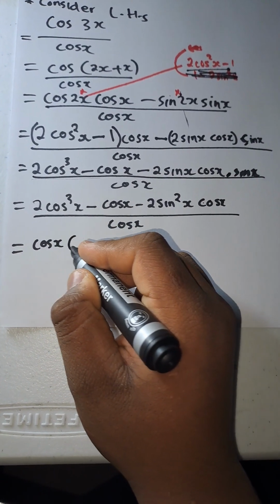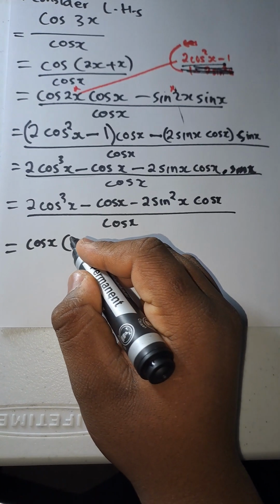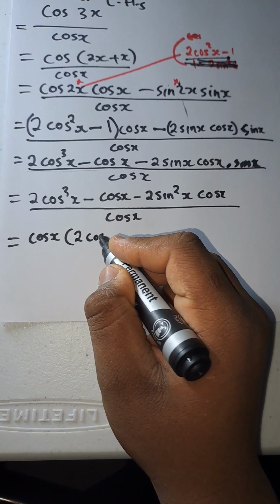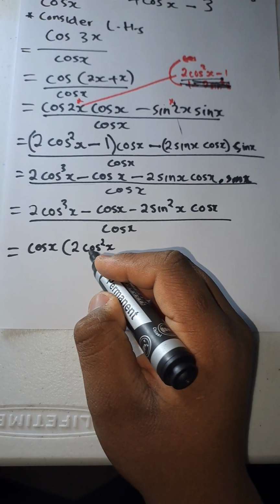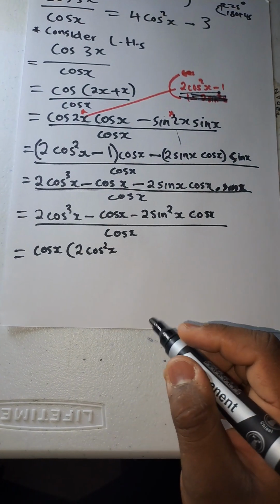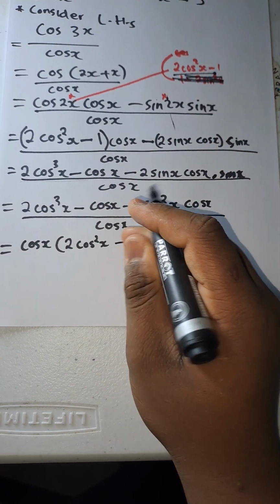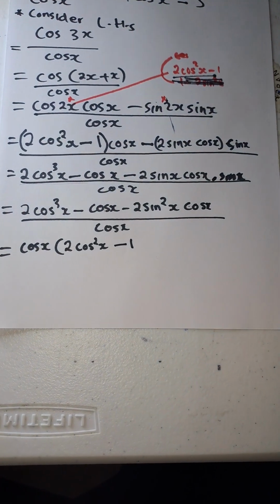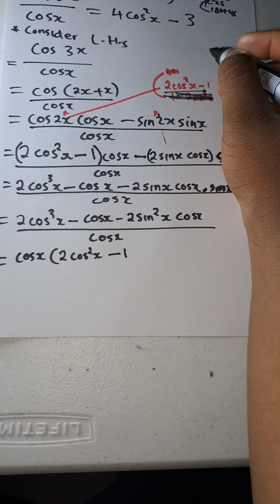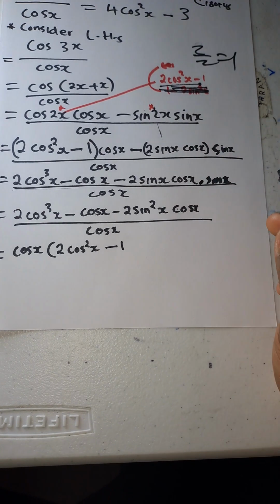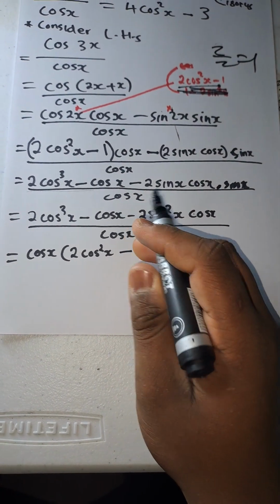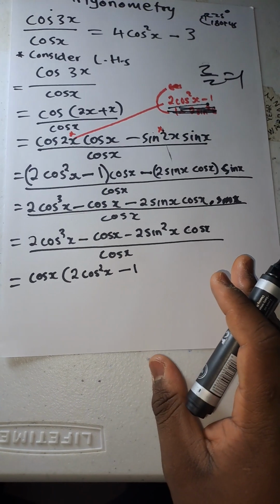So I'm factoring out cos x. This one is going to be 2 cos squared x. It is squared, it is no longer cubed. Is it fine? Minus 1. Since the cos x that I factor out from the second term is the same as 1 over 1. You understand? But if it was multiplied by another value, I was going to leave that value there.